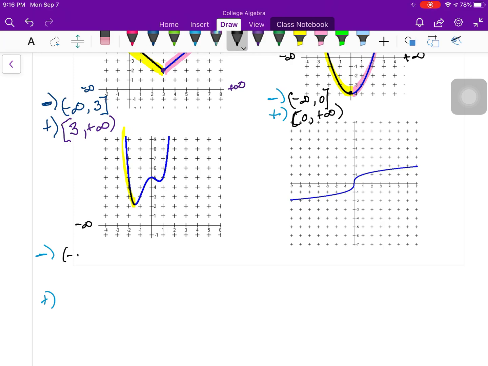So again, from negative infinity to, let's say, negative 1.5. And that is a point, so it'll be included. Then it increases to about right there. So from negative 1.5 to 0.